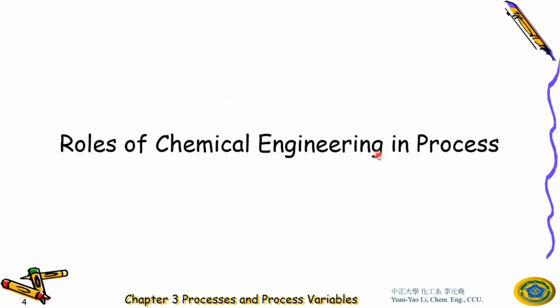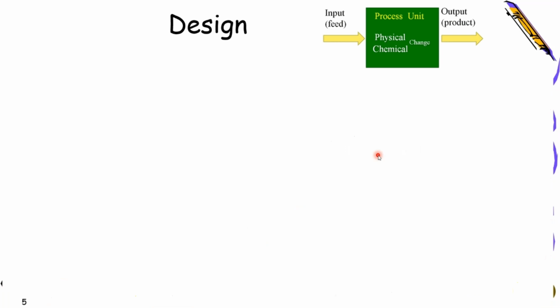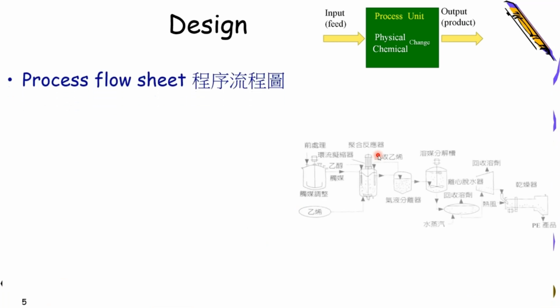So the role of chemical engineering in the process is that once you have processes, you need to design the processes, and use the streams to put them together to make it work. And then after that, you operate it. Design means you need to draw the flow sheet.